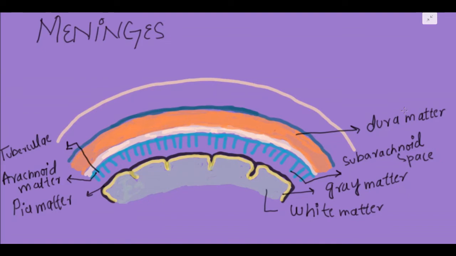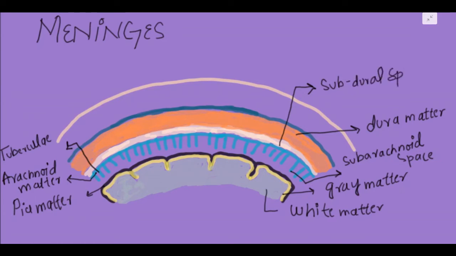And the white space between the arachnoid mater and the dura mater is known as subdural space. So I should mention here this space between arachnoid and dura mater is known as subdural space.